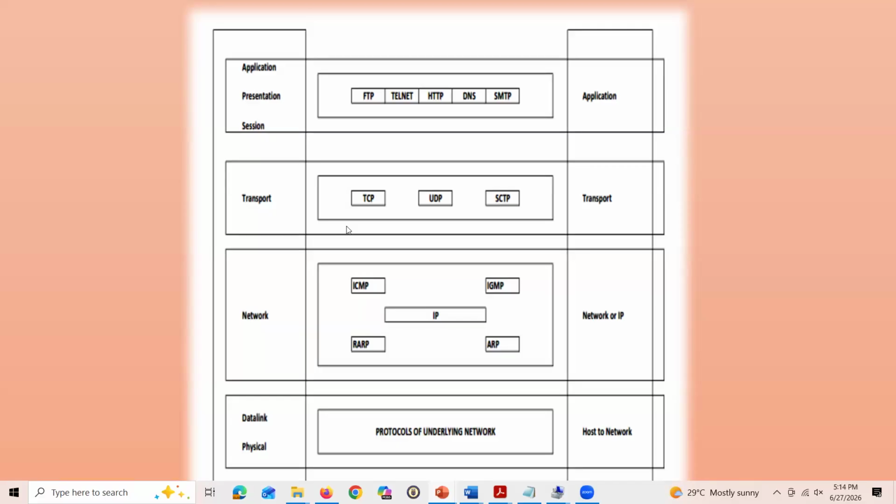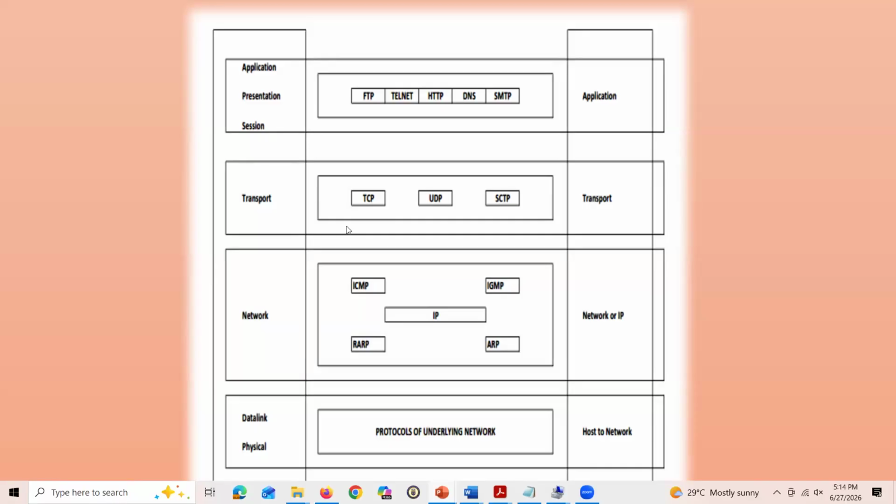Okay, so then the next one, which is the network layer in the OSI model, is replaced in TCP/IP by the internet layer. The protocols here are IP, which is the main one, followed by the auxiliary protocols ARP, RARP, and ICMP, and we have IGMP.